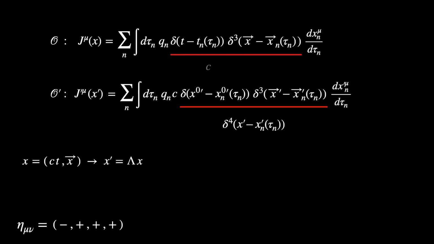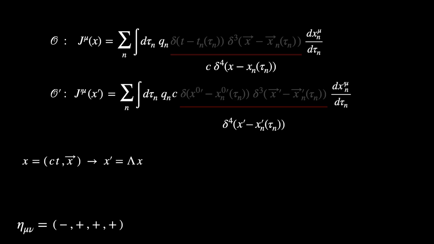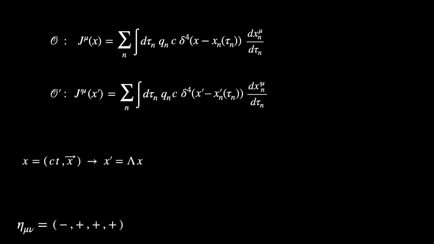Let's do the same for the delta functions in the O frame. We claim that this 4D delta function is in fact Lorentz invariant. That is, its value is the same, regardless of whether we insert into its argument the primed or unprimed variables. Let's prove this.